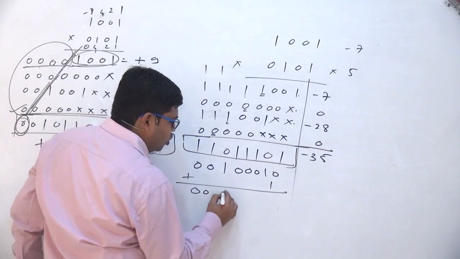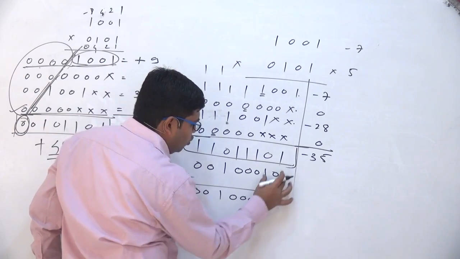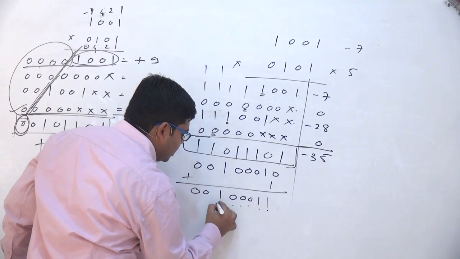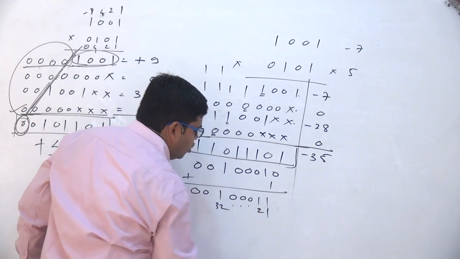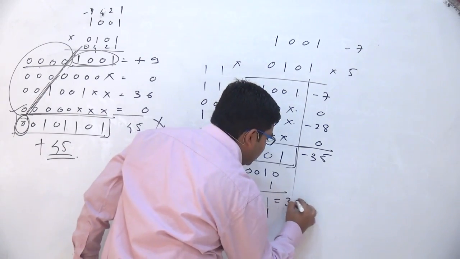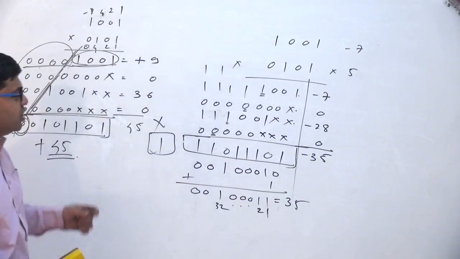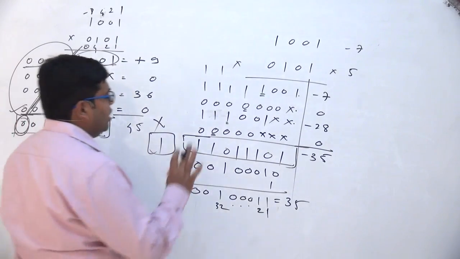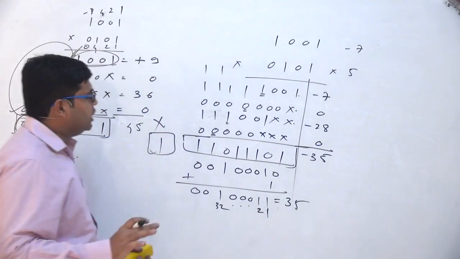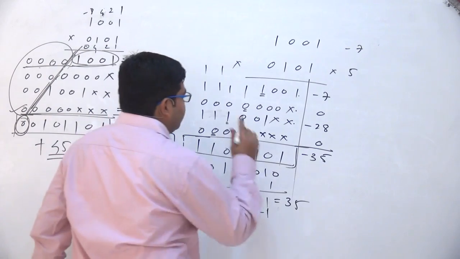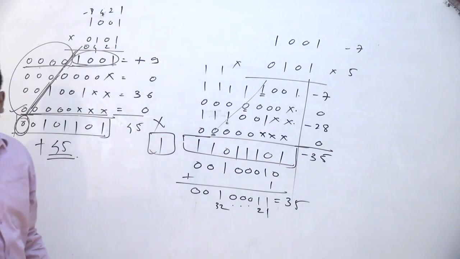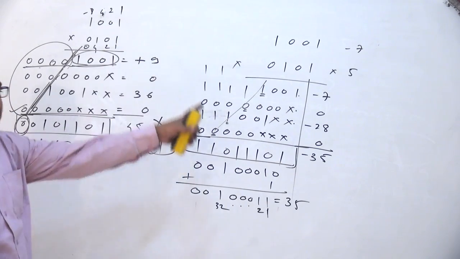It will be 00100010 plus 1, which is 00100011. That is 32 plus 2 plus 1, equal to 35, and this is how you should get the correct result. So what is the conclusion? While expanding to 8 bits, you should expand using the concept of sign extension so that you get the correct answer.